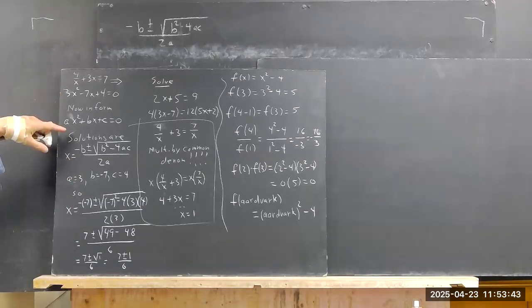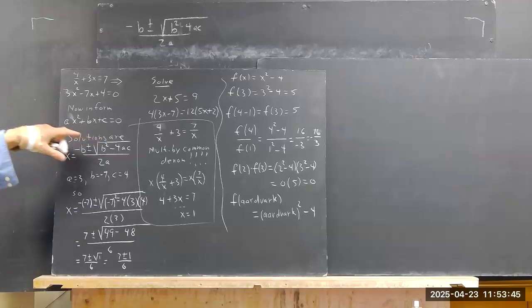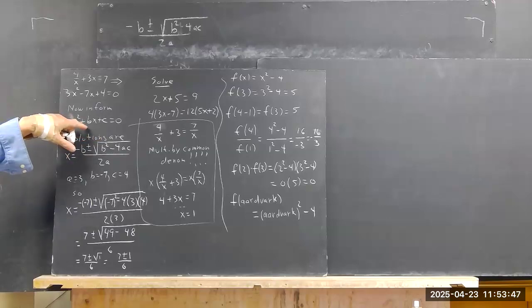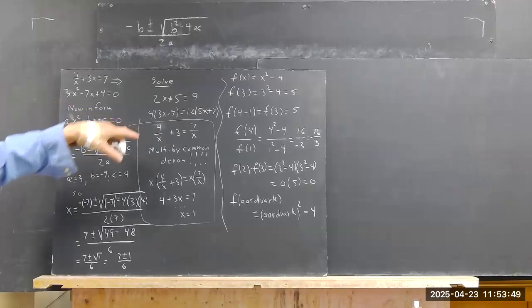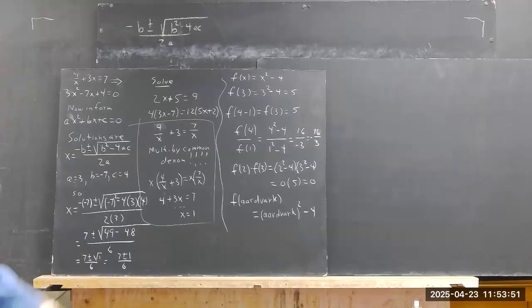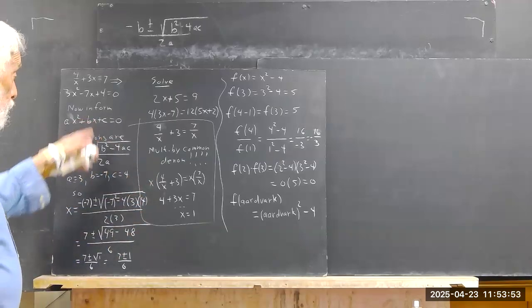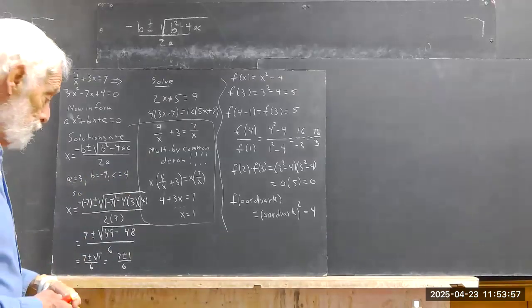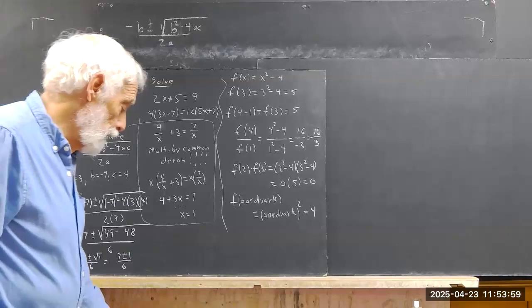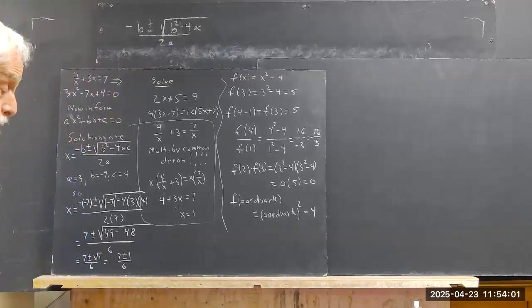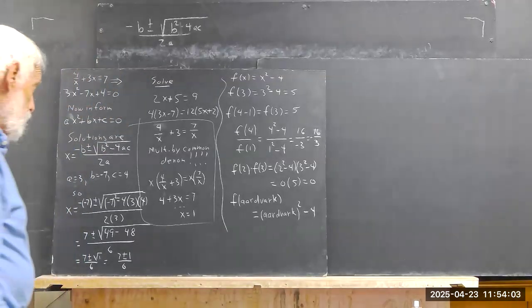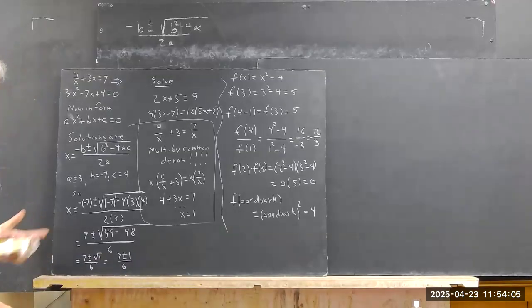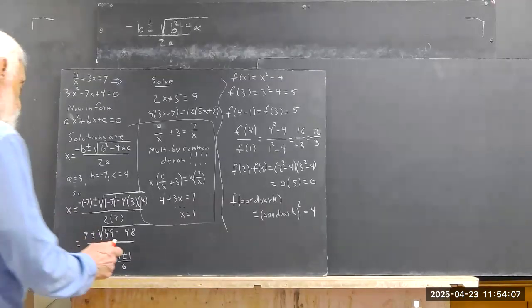A quadratic equation is an equation of this form: some multiple of x squared plus a multiple of x plus a number equals 0. It has to be in that form. If it's in that form, then you've got a formula for your solution. In pre-calculus, hopefully you'll see where that formula comes from, but I'm not going to touch it here.